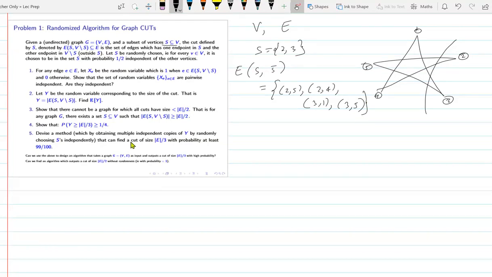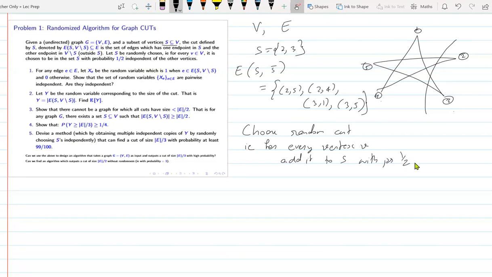So we were analyzing a randomized algorithm for finding a cut. What was the randomized algorithm doing? For every vertex, it will choose randomly: we add it to S with probability half.